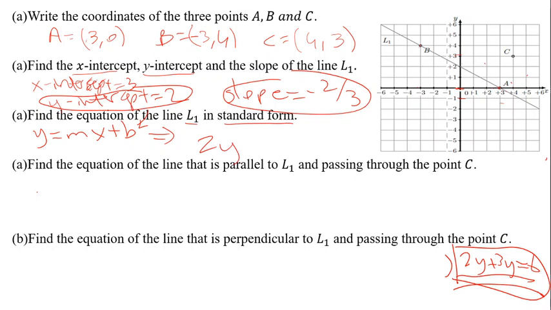Oh, okay, I forgot. This, I guess it has to be 2x, I guess. It's 2x plus 3y equal to 6.